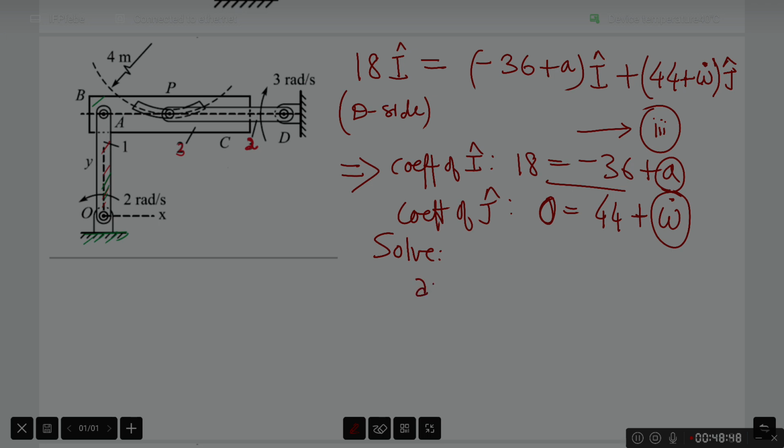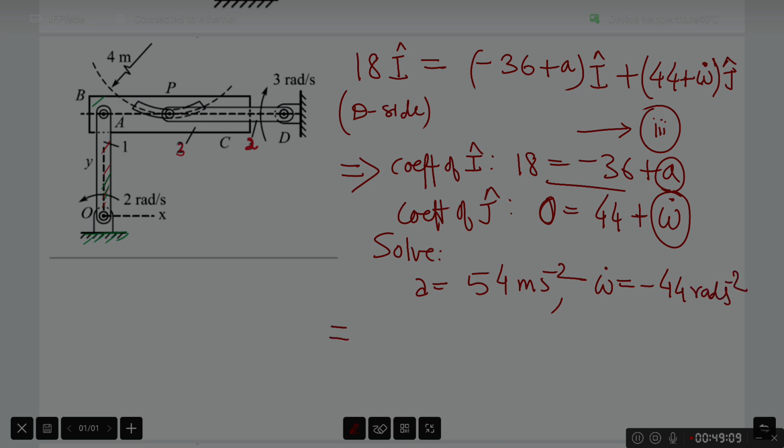We get A as 54 meters per second square, and we get omega dot as minus 44 radians per second square.